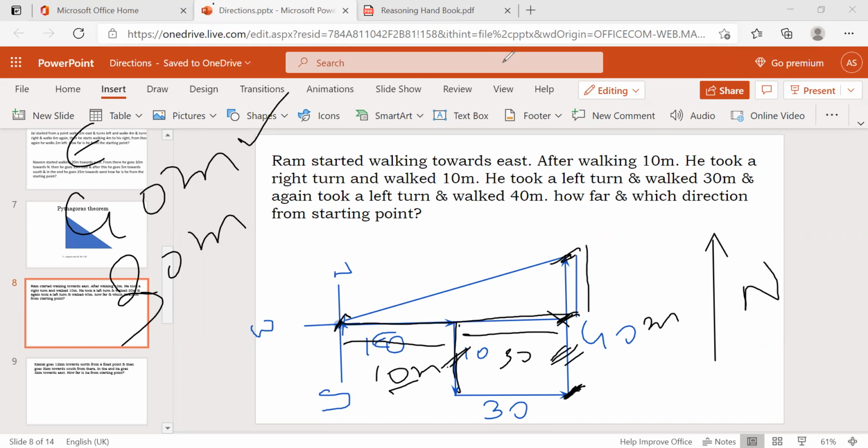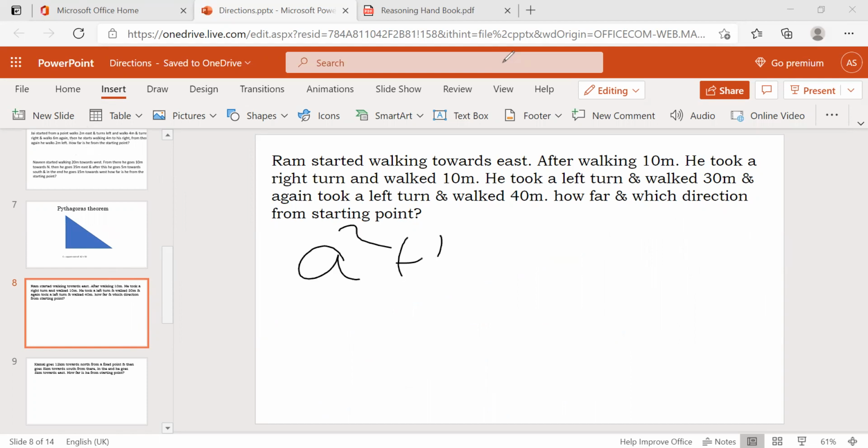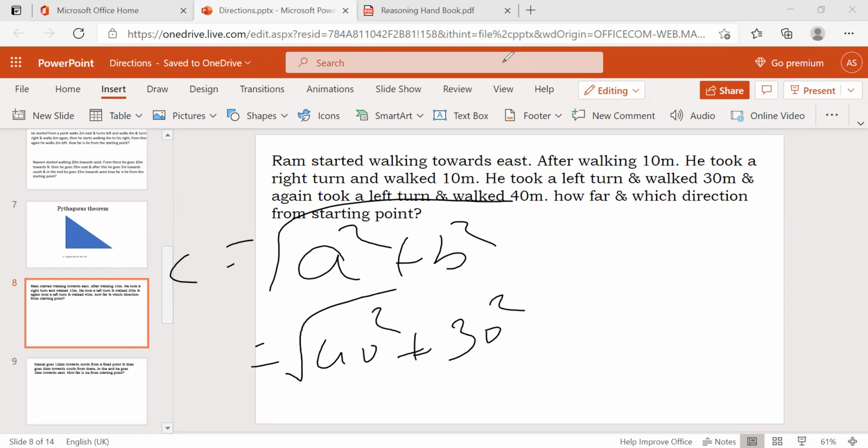Now we have A length is 40 and B length is 30. Is it clear? Now, what's the Pythagoras theorem? A square plus B square, root of it, is C. Then what's the A? 40 square plus, what's the B? 30 square, root of.